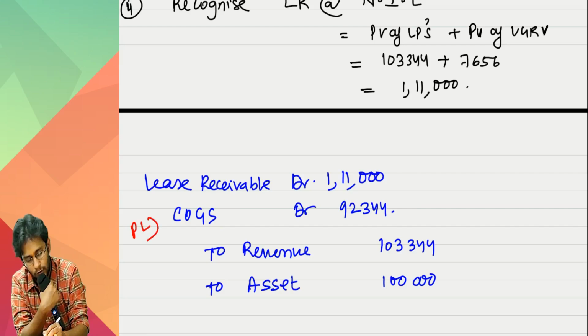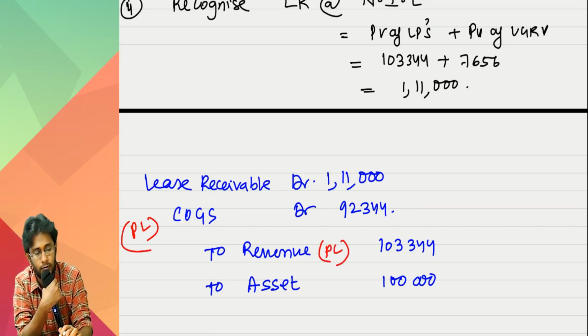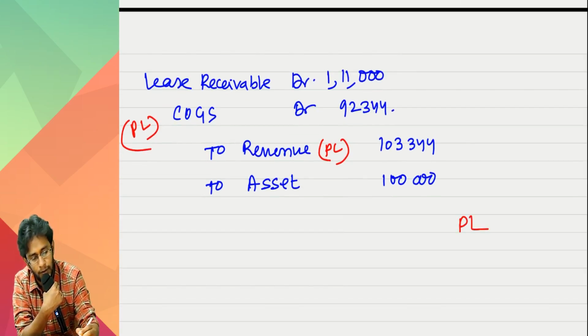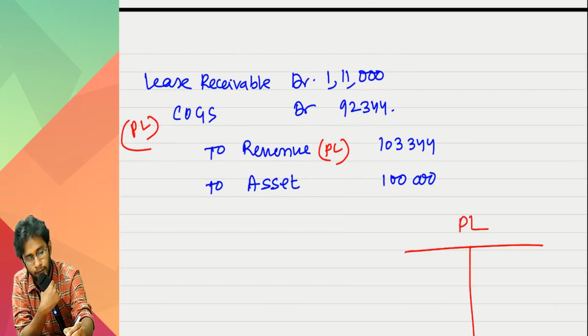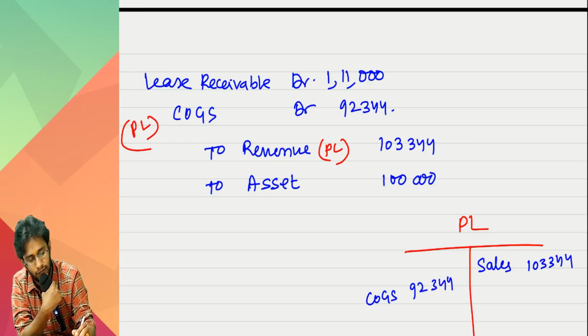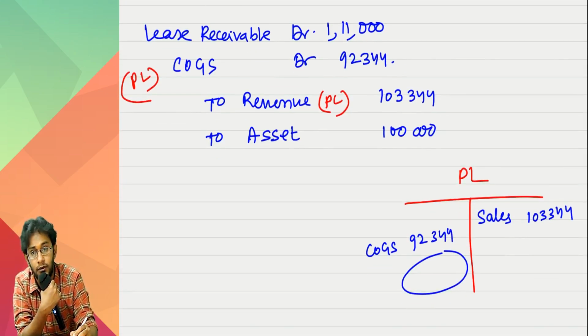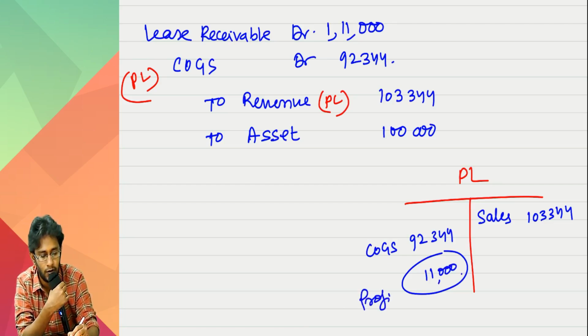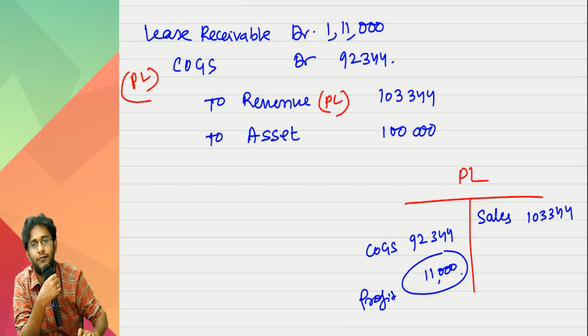This will go to P&L account. So in the P&L account, on your sales side you will recognize 103,344. Cost of goods sold you will book 92,344. The gap, how much more? The profit. I know this already on the first day itself, profit 11,000.